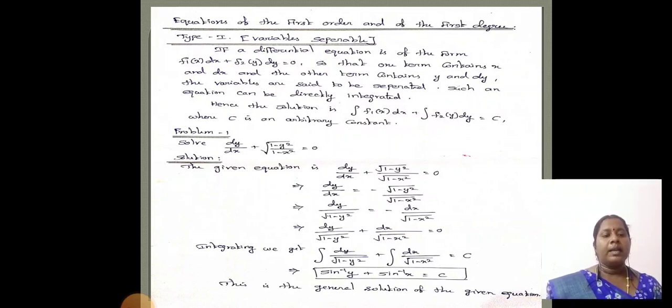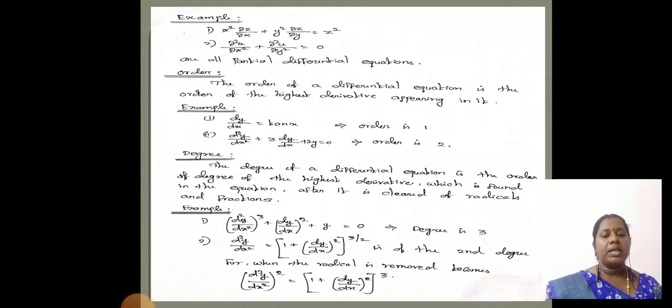So, here the highest differential coefficient is d square y by dx square and the power of d square y by dx square is 2.